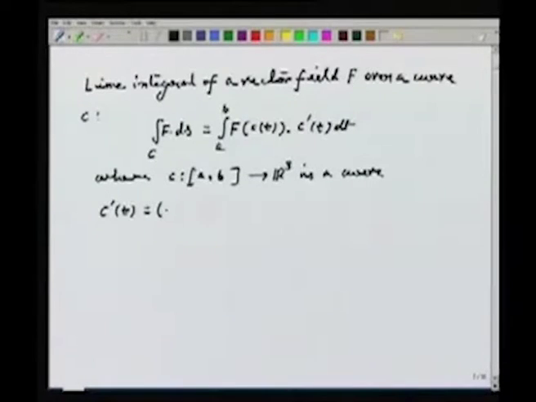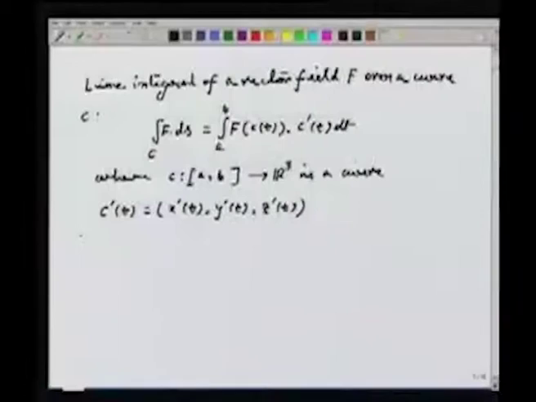In the parametric notation it is just (x prime(t), y prime(t), z prime(t)). Okay. So given a value of t, this is a vector, f(C(t)) is also a vector, so it makes sense to talk about the dot product of these two vectors. As a result, then I get a scalar valued function. And what is the domain of definition of the function? That is f(C(t)) dot C prime(t). Well, t varies on the closed interval [a,b], so it defines a function from the closed interval [a,b] to R.